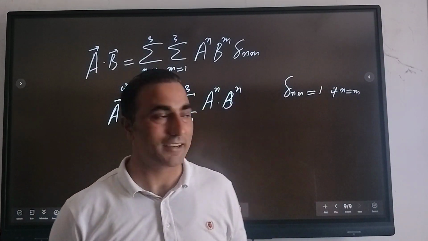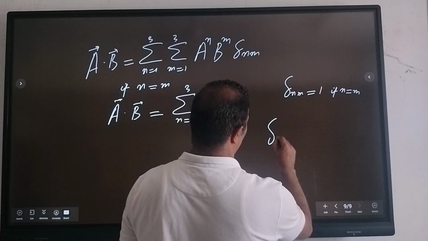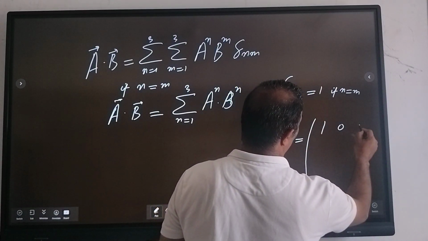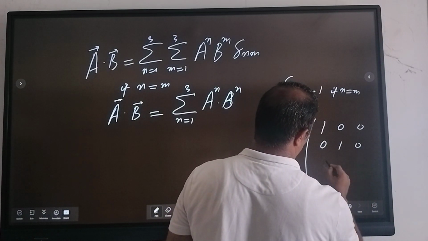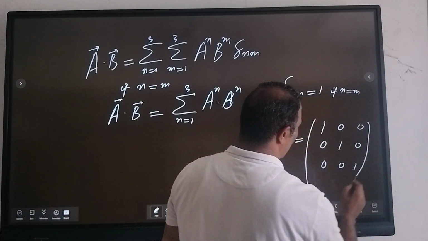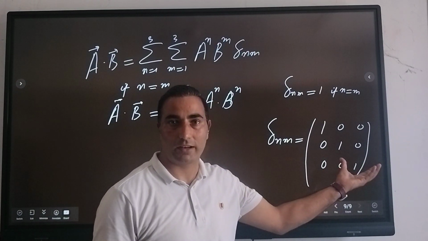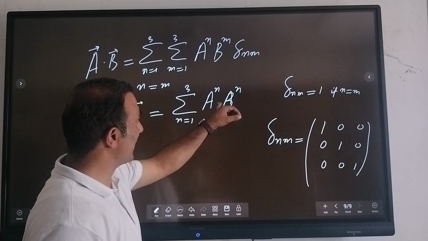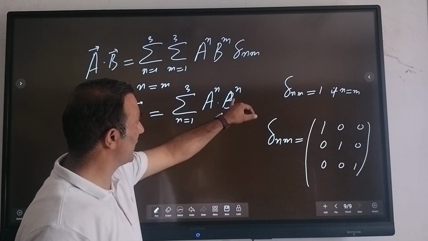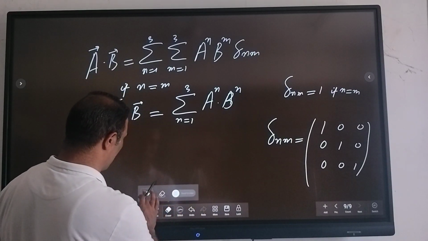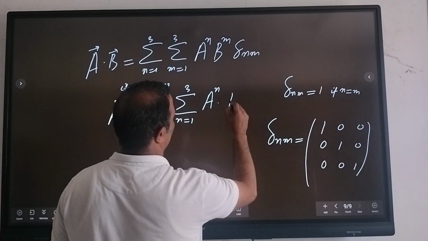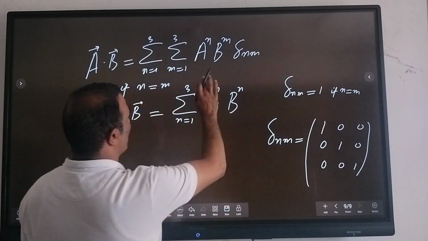So what does it indicate? Because if you remember that delta n m, so that is 1 0 0, right? So these we are taking for different components, the Kronecker delta, right? Now if n equal to m, because this is a n dot b n, right? So this is a n dot b n. So this is b n because n equal to m.